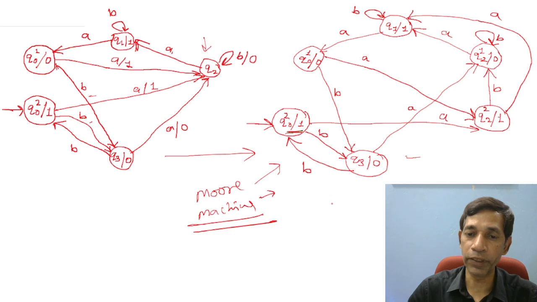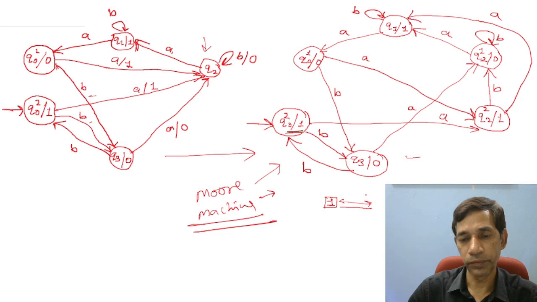So without reading the input, this Moore machine is going to produce this output, and the rest of the output string corresponds to the given input. From here to here, this output is the same as the output produced by the given Mealy machine.